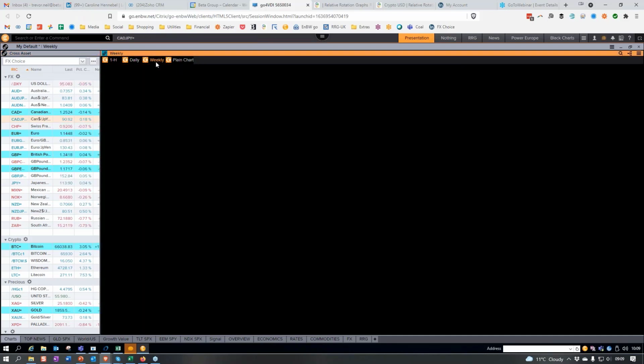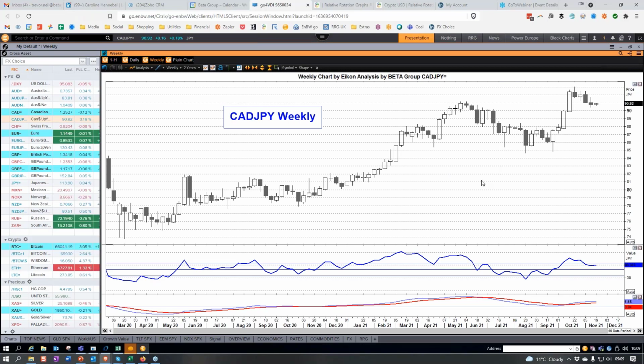Now what's interesting about this, and I like a lot, and I think this is what the person was alluding to, is we have had this rise in the Canadian dollar versus the Japanese yen. We broke up, made a new high when we broke through, let's call it 90 or 91, and then it broke up powerfully, and now it's drifted back to that level.